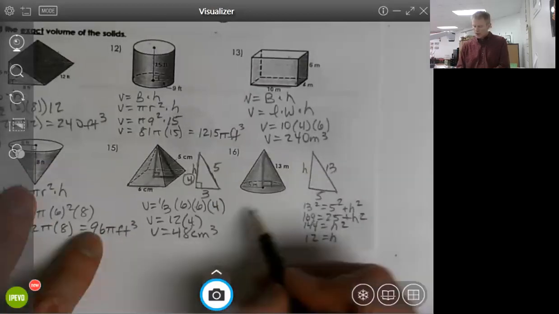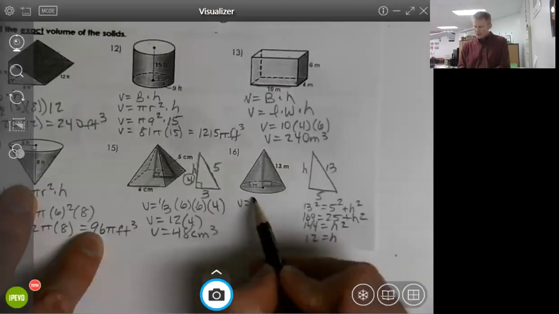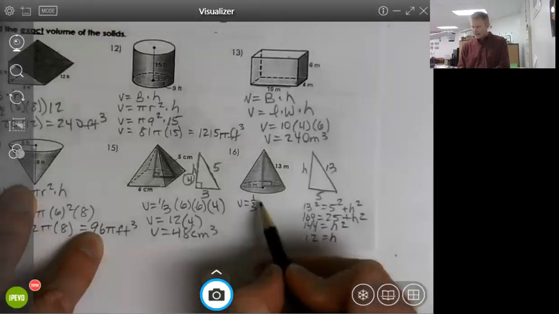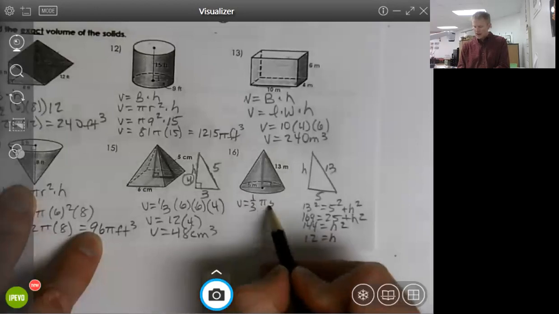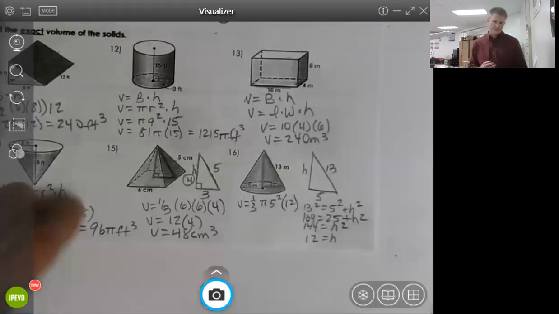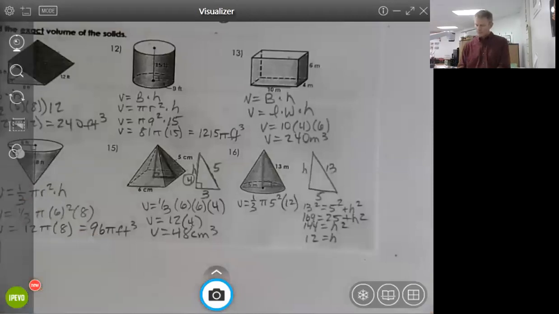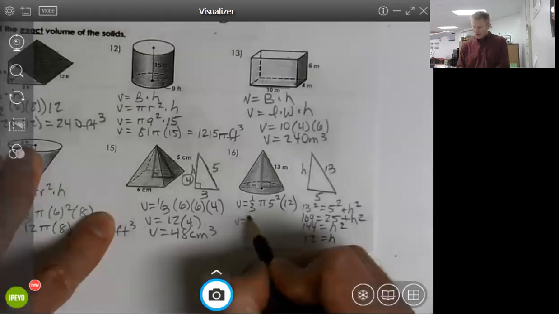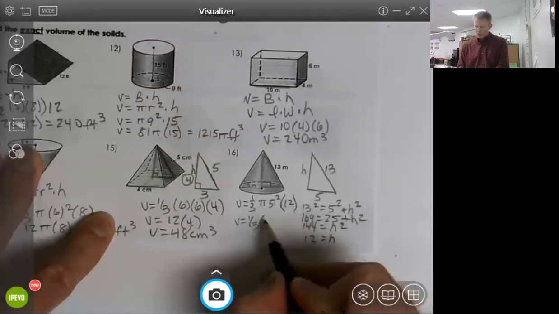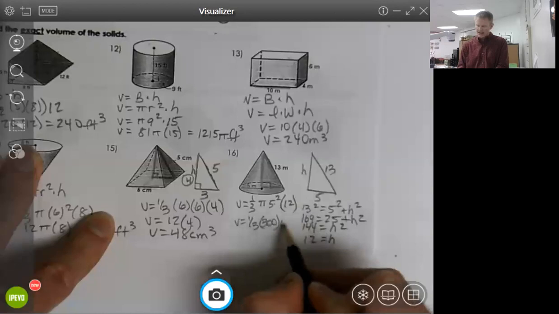Once you know your height, you can do 1/3 because it's the volume of a cone. The base is pi 5 squared times the height. The height is 12. So we get 1/3 times 12 times 25, which is 300 pi.